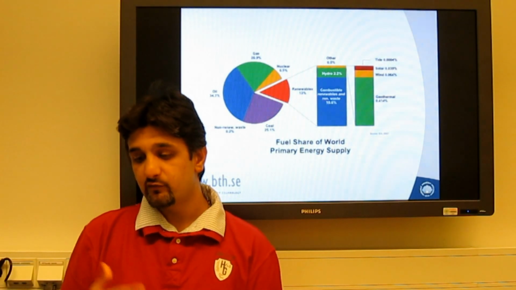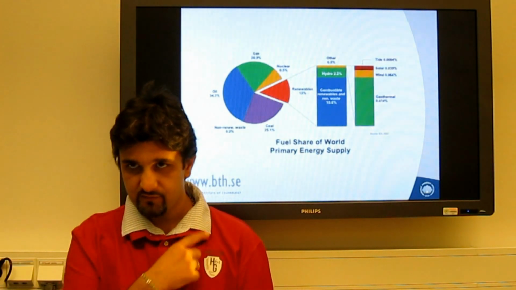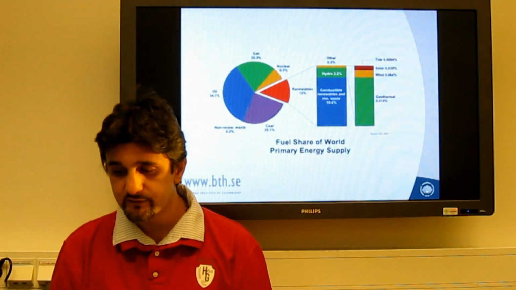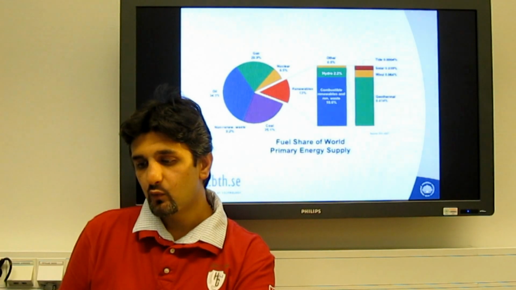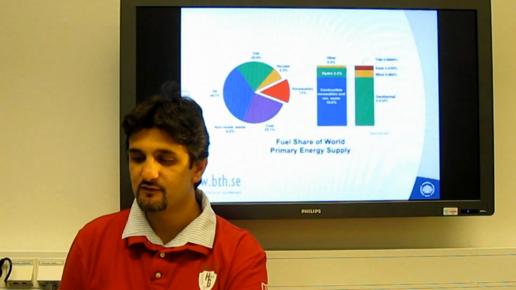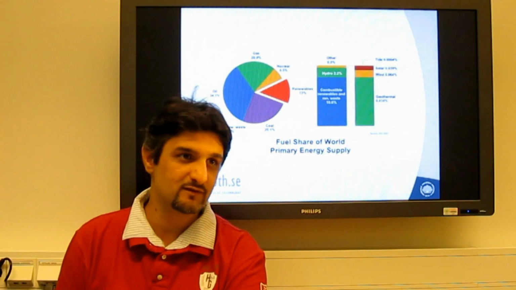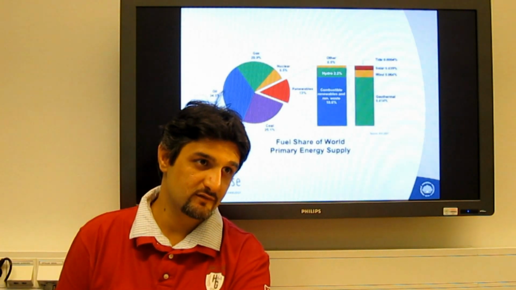The number for renewable waste is 10% of that. Hydro 2.2%, geothermal 0.4%, wind 0.06%, solar 0.03%, and the tide is 0.0004% of the energy share.